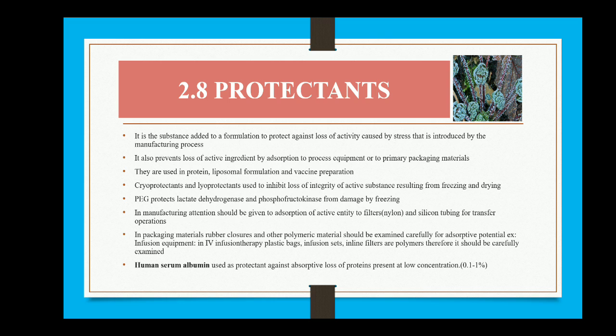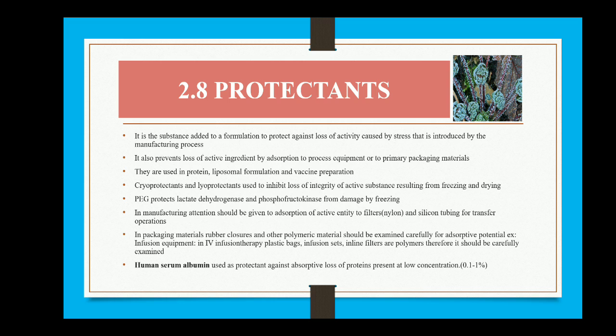They are also used in protein, liposomal formulation and vaccine preparation. Good examples are cryoprotectants and lyoprotectants that are used to inhibit the loss of integrity of active substances resulting from freezing and drying. Polyethylene glycol protects the lactate dehydrogenase and phosphofructokinase from damage by freezing.